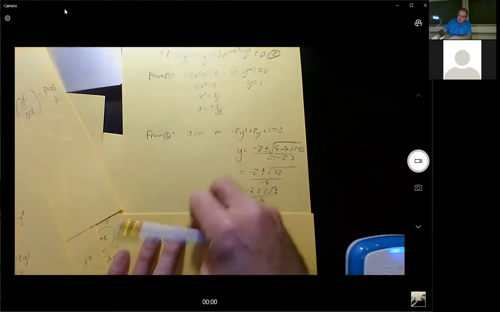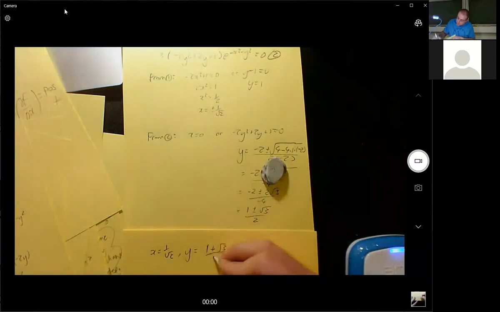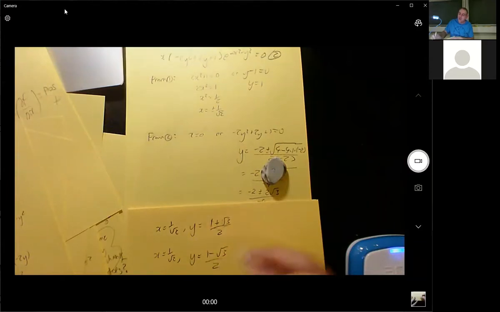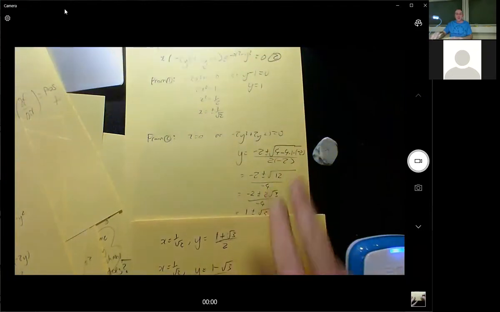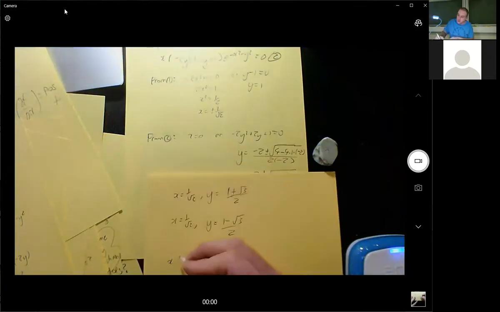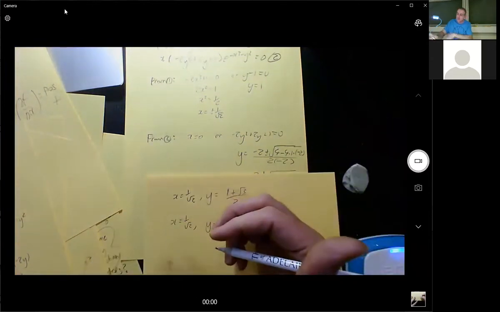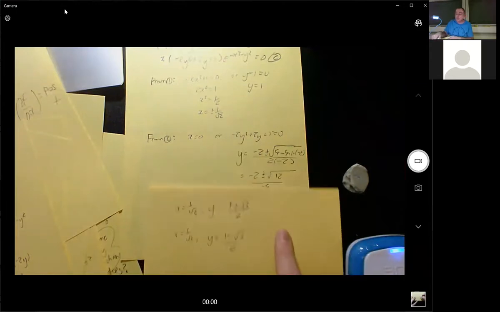Damn it, wrong formula. 1 plus root 3 on 2. And when x is equal to 1 on root 2, we can have y being the other one of those, and that will make the other. So this one makes the first one equal to 0, and this one makes the second one equal to 0. And that's pretty much it for that.